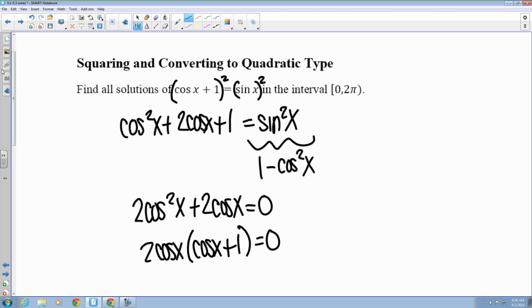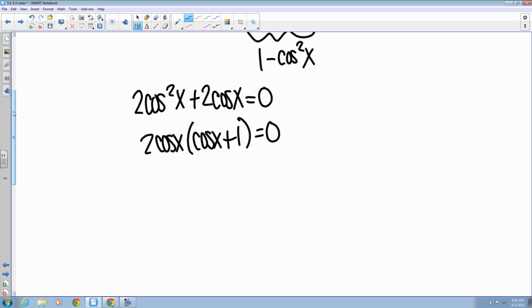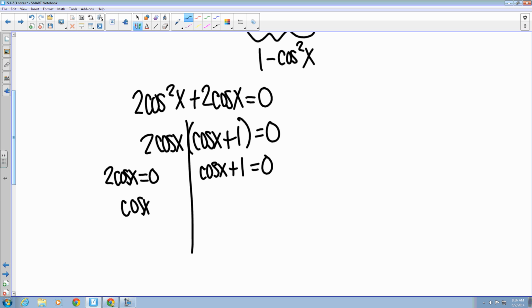Now that I turned it into multiplication, I can turn it into 2 separate problems. All right, so I get pi over 2, 3 pi over 2, and pi.